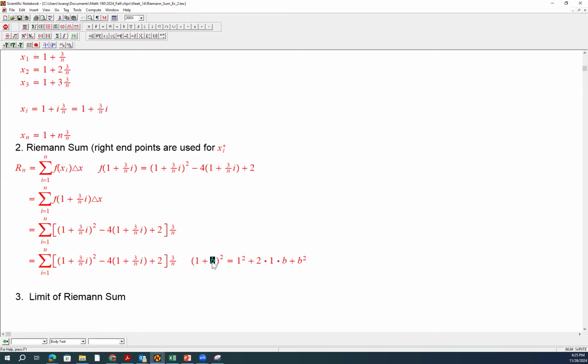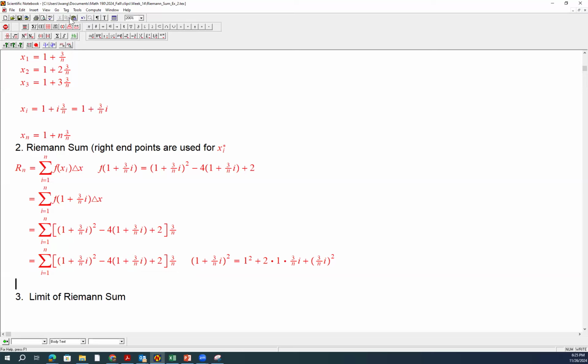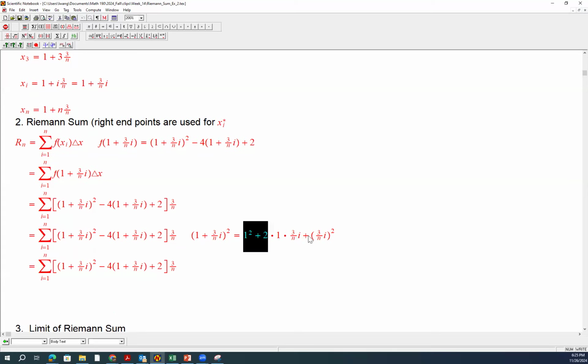So b is replaced by it. We're using this algebraic formula, and b is squared. So this piece is going to be in the place of that piece. Let's bring them in.